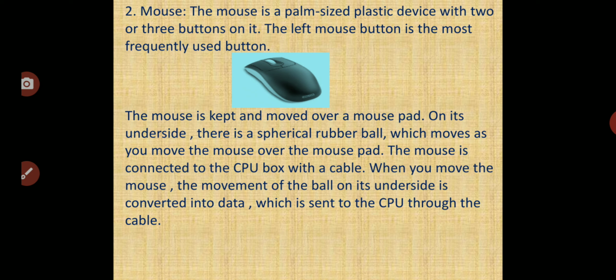Okay, we see that if you move the mouse upside, then the arrow will move upside. If you move the mouse downside, then the arrow will move downside. If you move the mouse right side, then the arrow will move to the right side. And if you move the mouse left side, then the arrow will move to the left side. Okay.